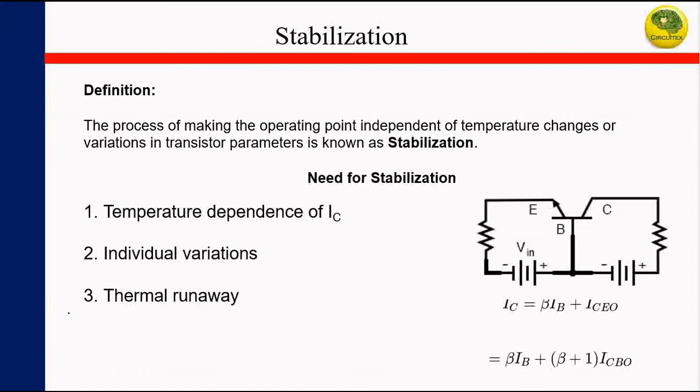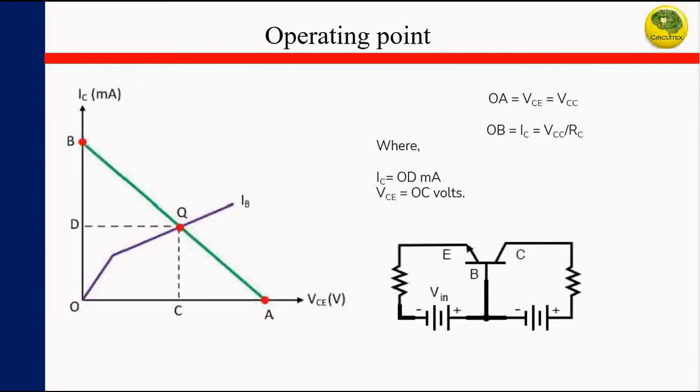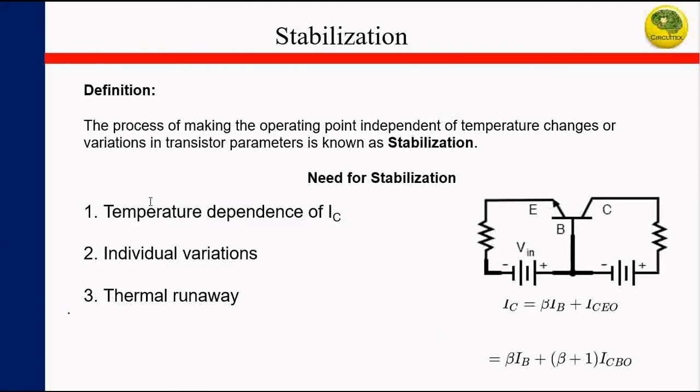So a good biasing circuit helps in the stabilization of the operating point. If the transistor is stabilized, then both VCE and IC are independent of temperature. So what is the need of stabilization? Why do we stabilize? First, as we discussed, the temperature dependence of IC.